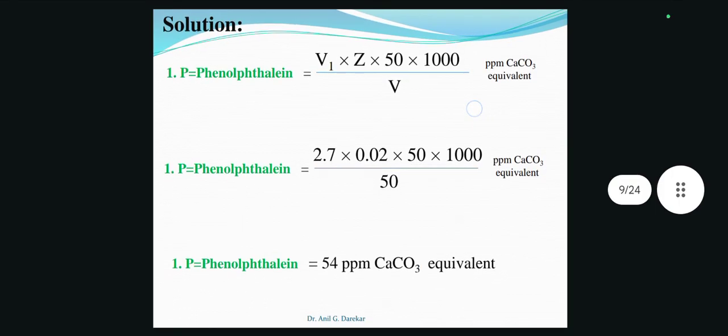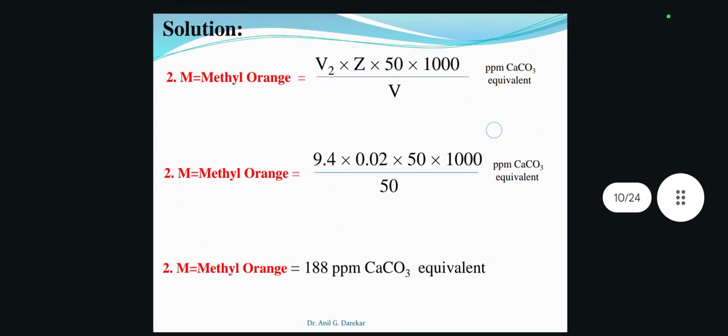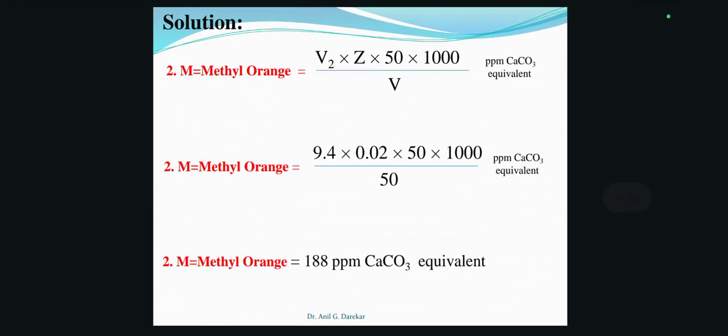As I told already, we require two formulae. The first one is P, phenolphthalein, and for phenolphthalein we require V1, and V1 is 2.7. Z is given as 0.02. If you do this calculation using a calculator, you will get the value of P as 54 ppm. Once you get P, you have to proceed toward finding the M value, that is methyl orange, and for methyl orange we require the value of V2, and as per the given, V2 is 9.4.